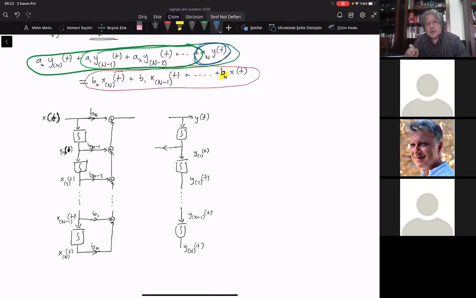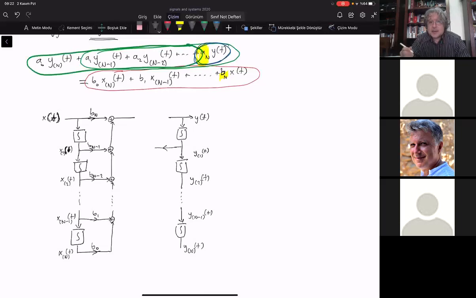And when I do that, notice that y of n would be equal to, sorry, y of t, why am I saying y of n? Y of t will be equal to 1 over a sub n times everything that I have encircled in green in a negative coefficient manner. What I mean by the negative is just like we did in the discrete time case.